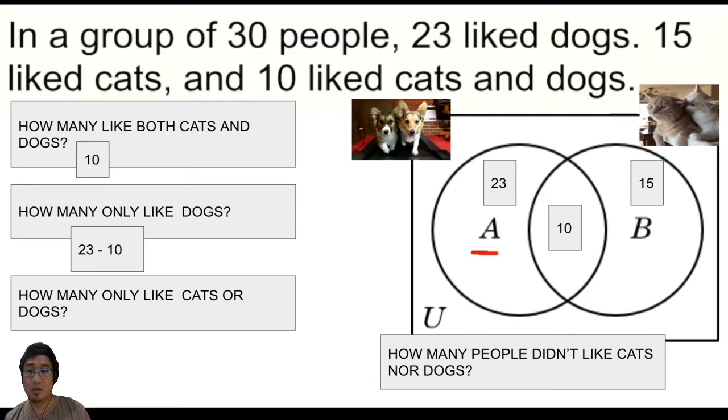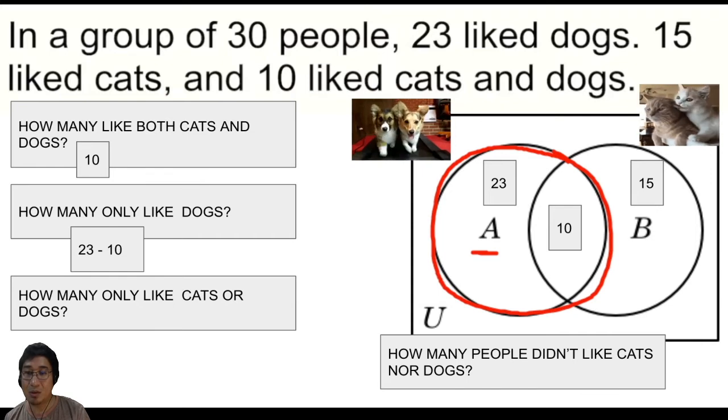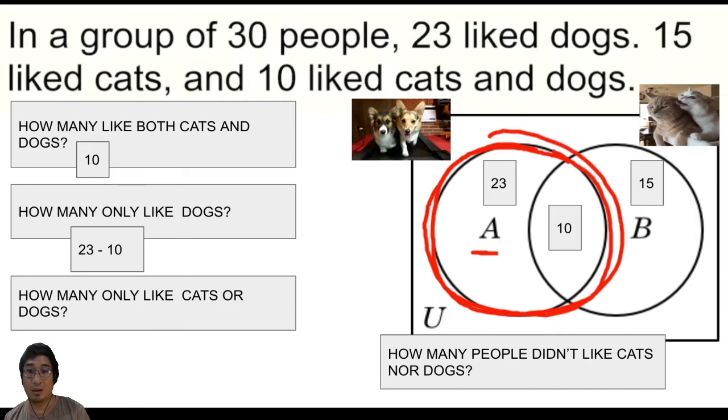So, ibig sabihin, kailangan natin makuha ito, dogs, kasi 10 is also part of this set. Okay, 10 is also part of this set. Now, to know the difference between dun sa 23 tsaka 10, kailangan natin makuha iilan lang dun sa loob ng elemento na to, 23 tsaka 10, ang properties na to, ilan lang dito sa dalawang properties na to ang may gusto mismo sa aso lang.